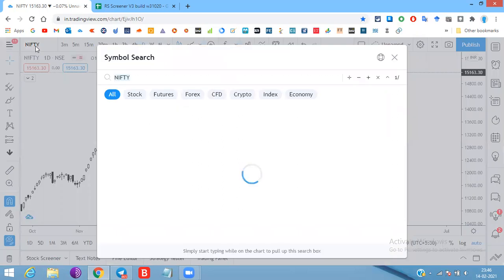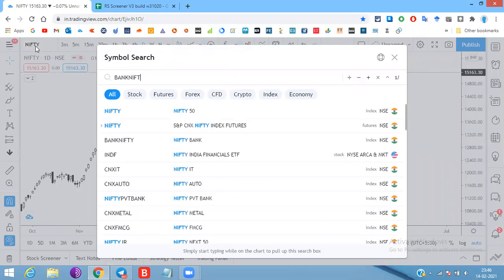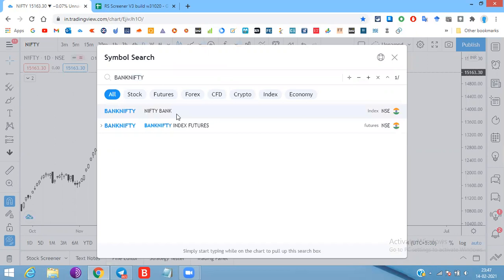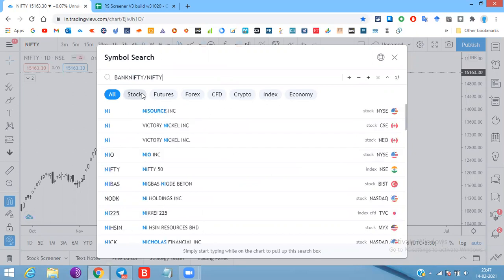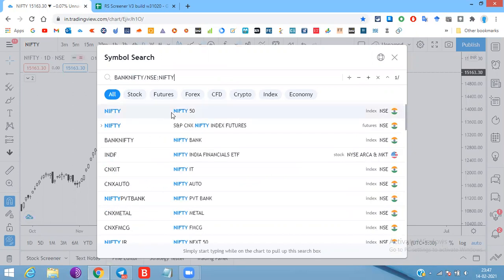is Bank Nifty divided by the numerator. Here you just apply the formula. The numerator is Bank Nifty divided by Nifty 50. Okay, and there you go, enter.